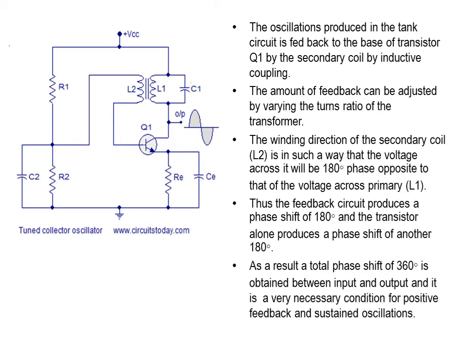And the way in which the coils are wound in L1 and L2, they are opposite in direction, which means the voltages developing in L1 and L2, which are AC voltages, will have an inverse phase relationship. The turns are wound in opposite directions in such a way that when the voltage in L1 is increasing, the voltage in L2 will be decreasing.